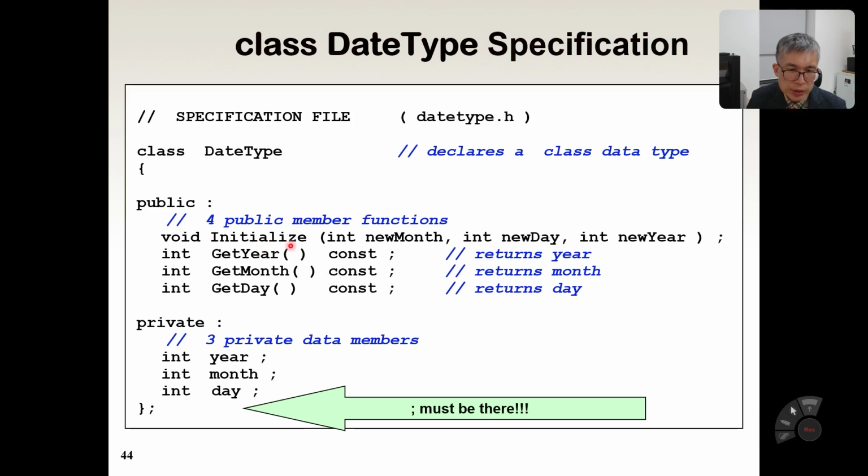Init is the initialization function for the member variables using these parameters, and get year, get month, get day just return the member variable values. And there must be a semicolon here, like a structure definition.